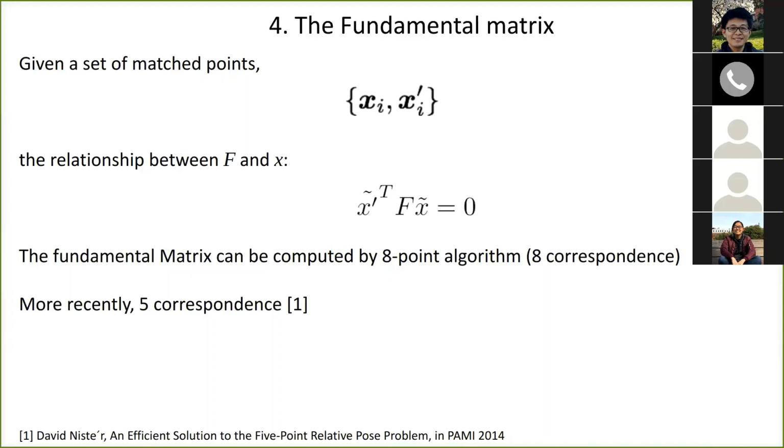More recently, we can solve the fundamental matrix with fewer correspondences. A recent publication in PAMI proposed a 5-point algorithm, which allows us to use 5 correspondences to compute it.